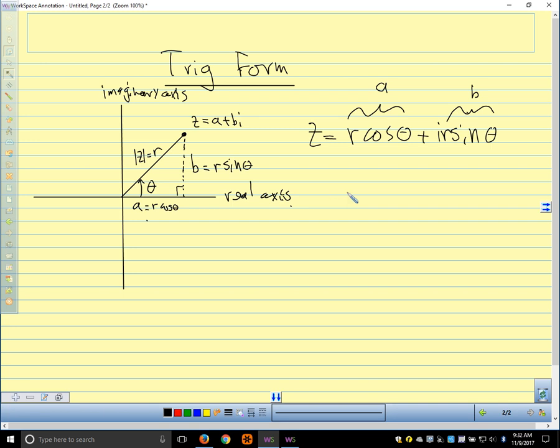And often you'll see this written as r times, we factor out the r, cosine theta plus i sine theta. We call this the trig form or polar form of a plus bi.